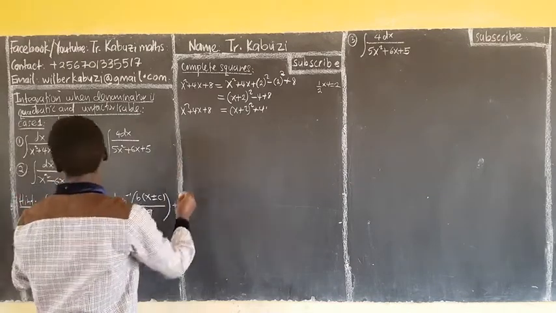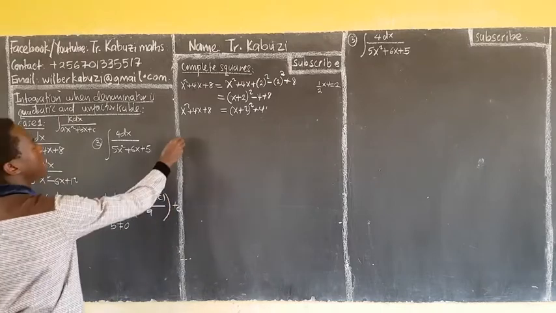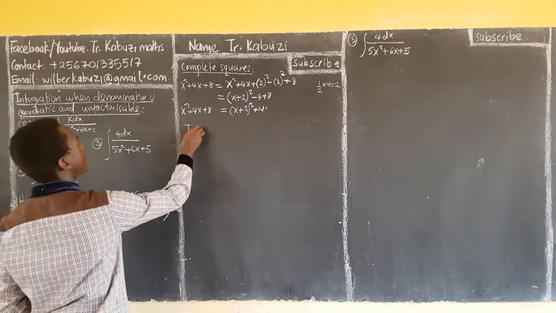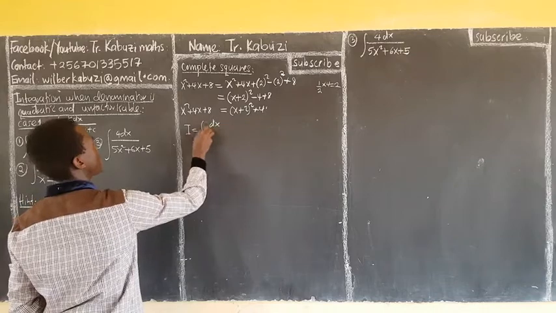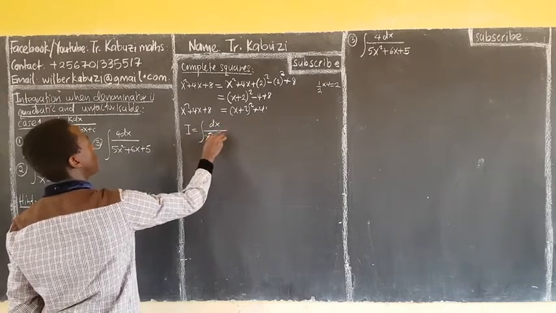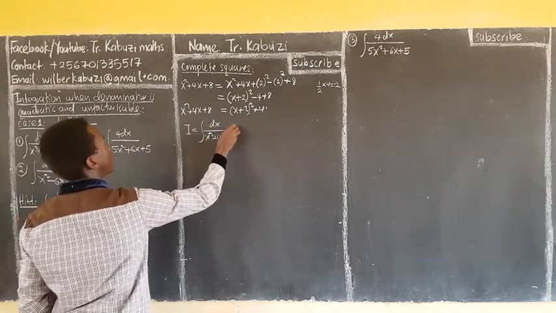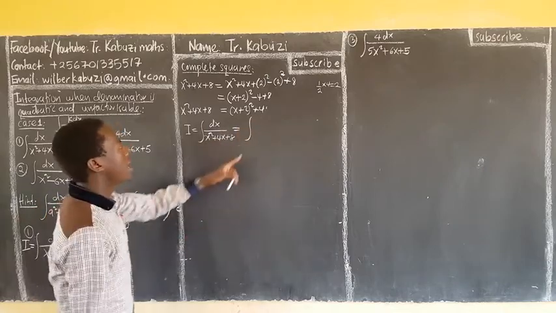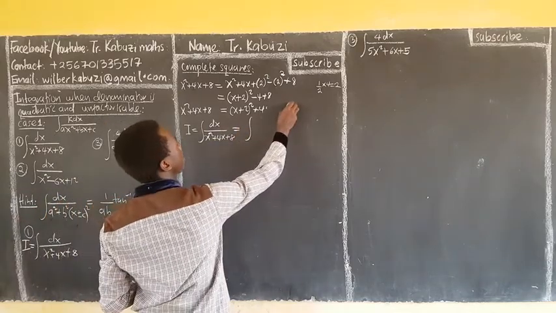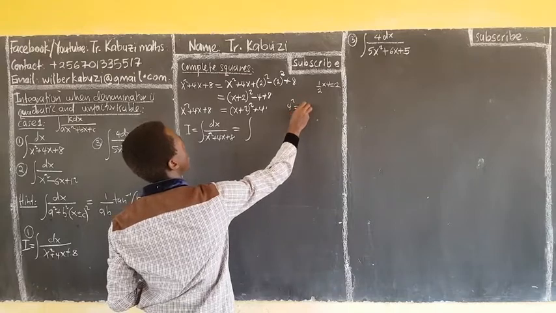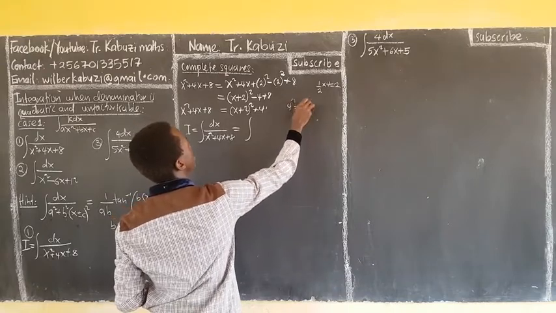Now my integral I is going to be the integral. Allow me to say 4 is the same as 2 squared.